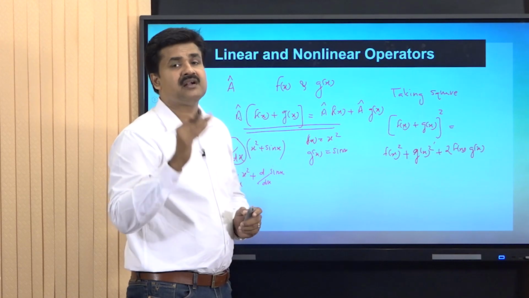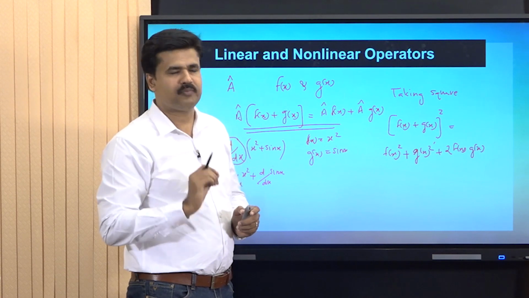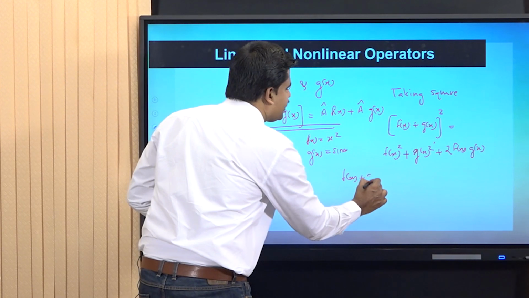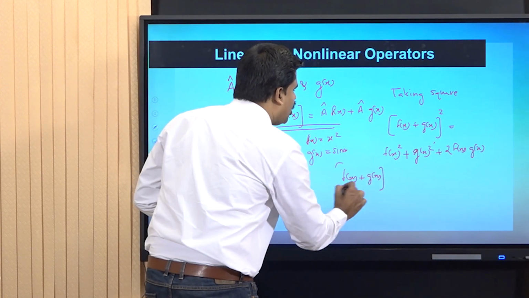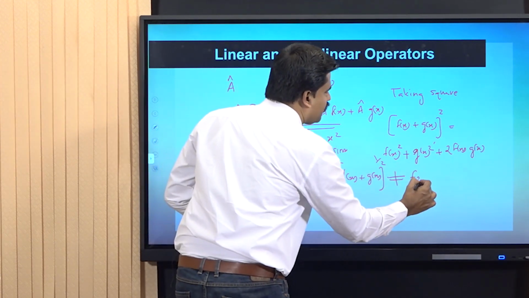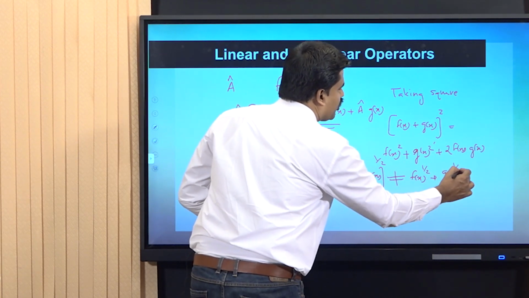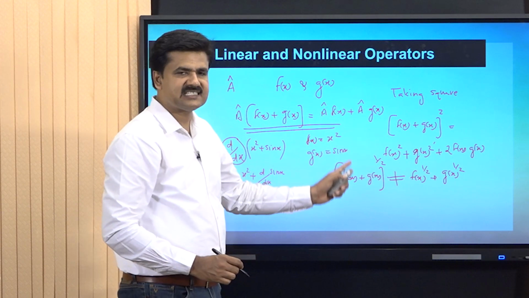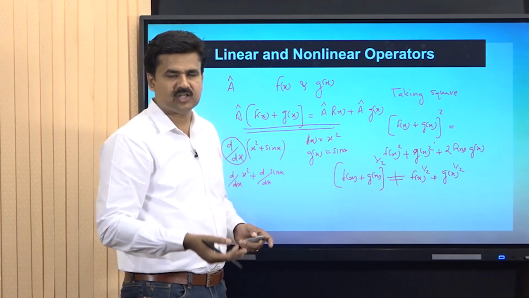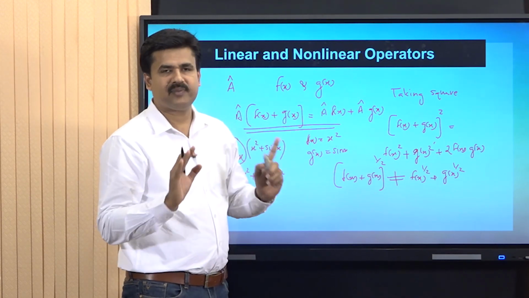In a similar way, taking square root is also a non-linear operation. That means f of x plus g of x, the whole raised to 1 by 2, is not equal to f of x raised to 1 by 2 plus g of x raised to 1 by 2. Hence, taking square root, taking square, taking nth power, taking 1 by nth power, etc. are all non-linear operators.